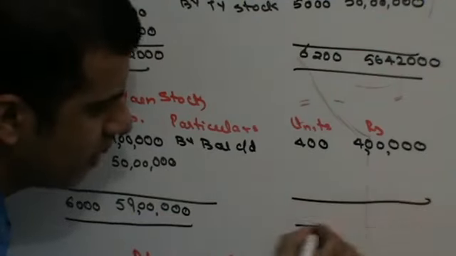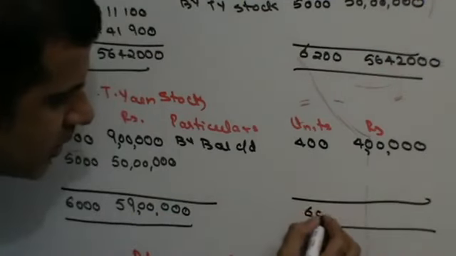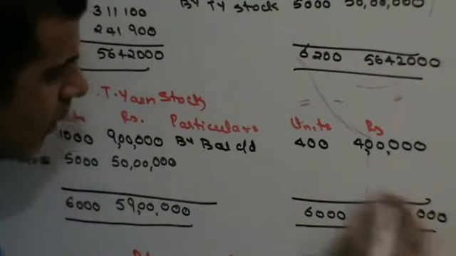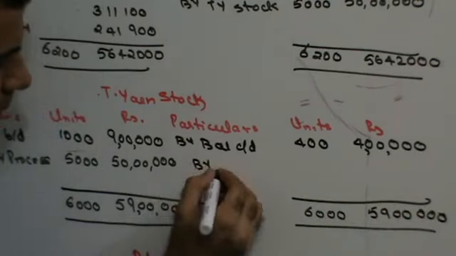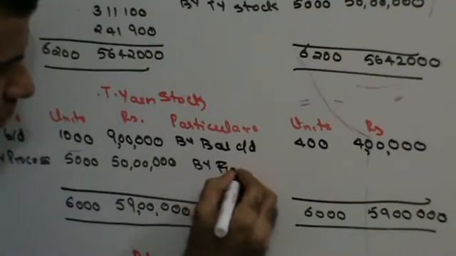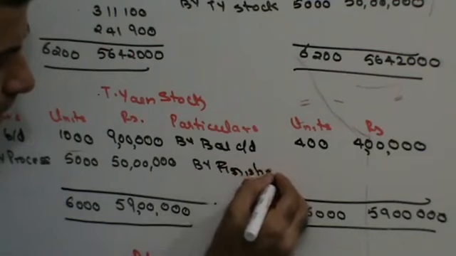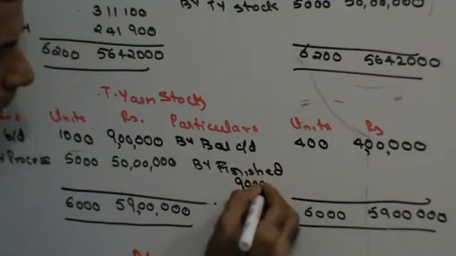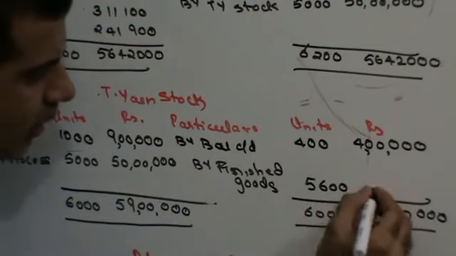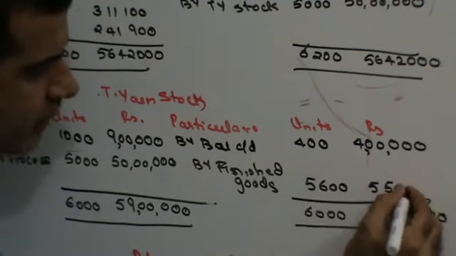So this is going to be 6,000 and 59 lakhs. This is going to be by finished goods, 5,600, and this is going to be 55 lakhs.